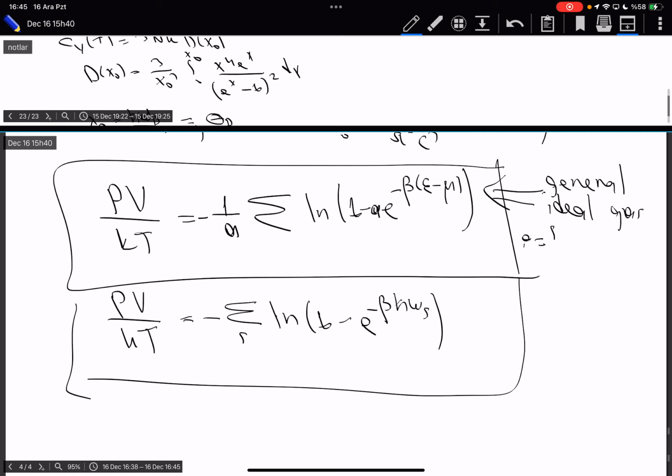A is equal to 1 for bosons, minus 1 for fermions, and 0 for Maxwell-Boltzmann distribution.